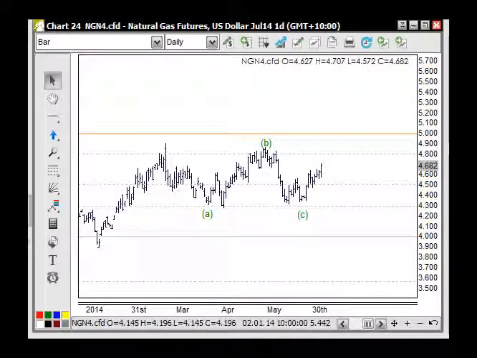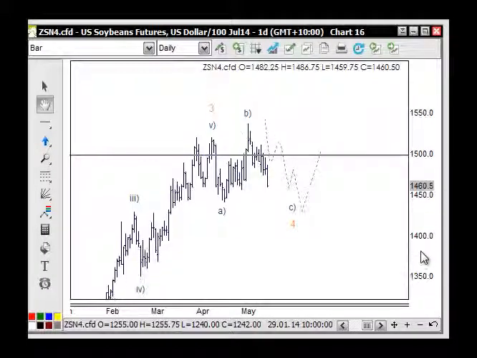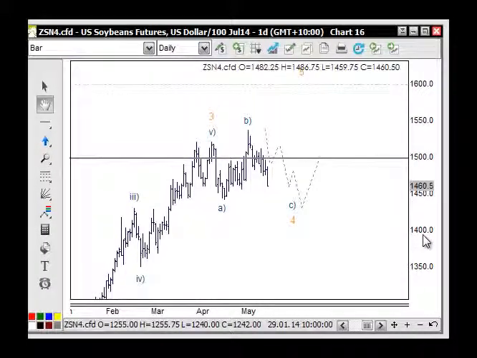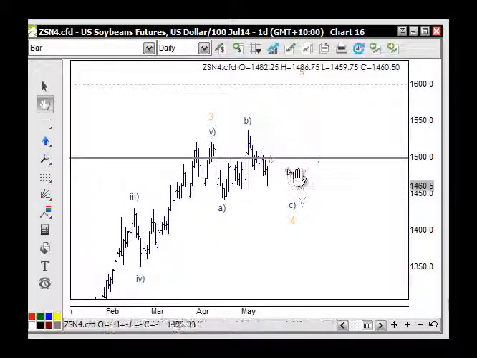The soybean market, we're shorting this at the moment, as you may know, and it's on track. The wave 4, the A wave here, back in this level, I think about the 1430 area through here, and we're counting 5 waves down through here.